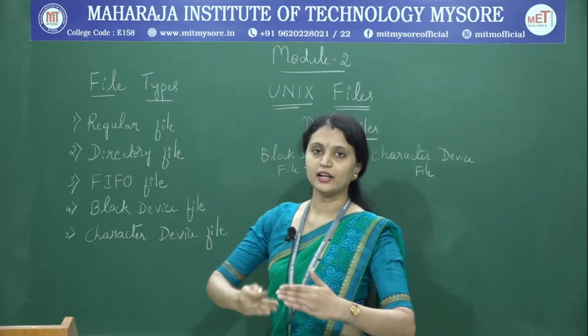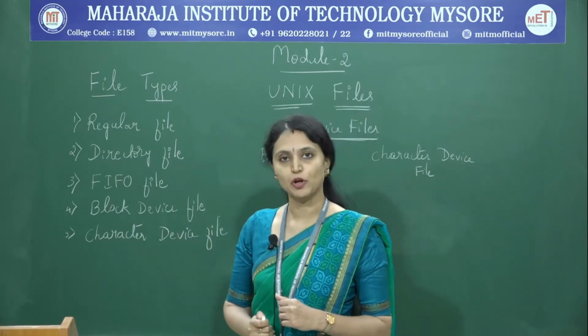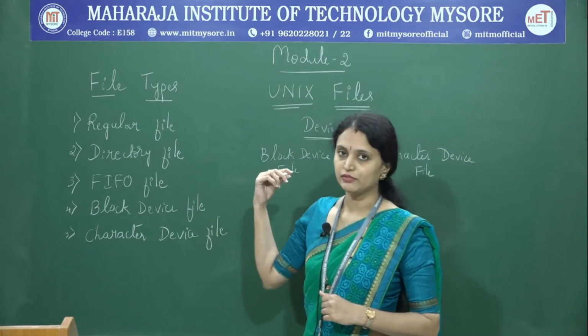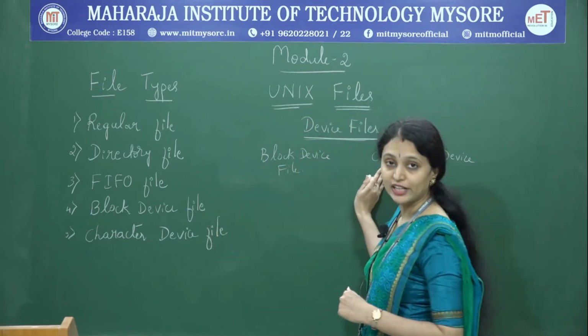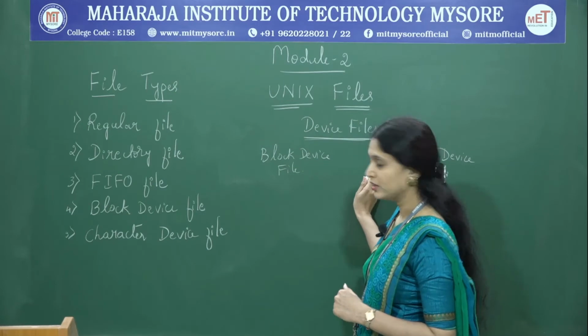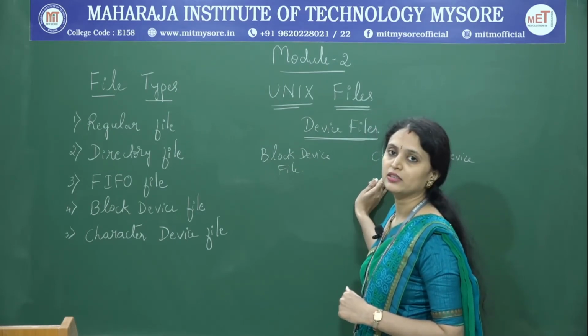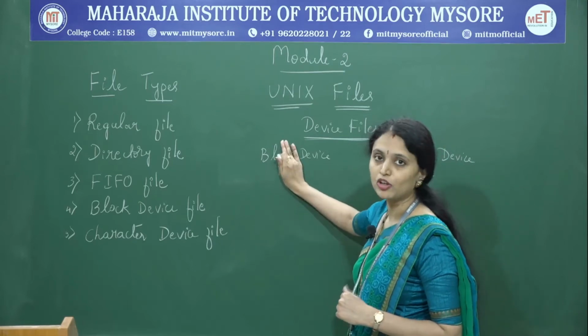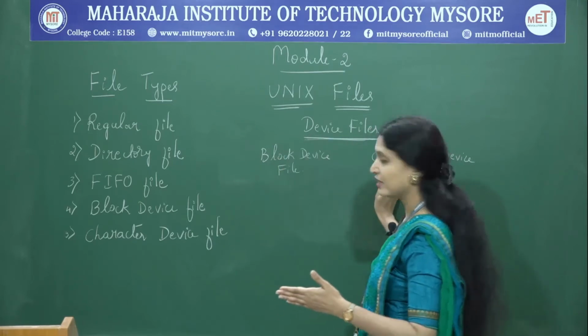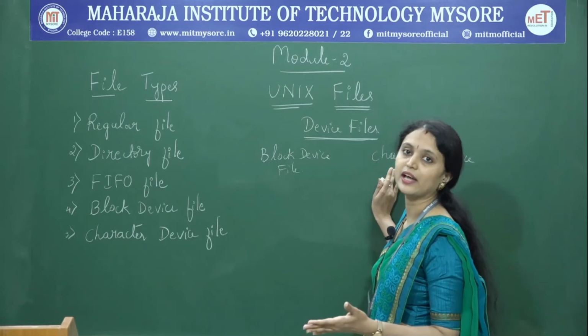In the case of a character device file, it represents a device in which the data transfer takes place in a character-based manner. So here one block after another block, whereas here one character after another character.